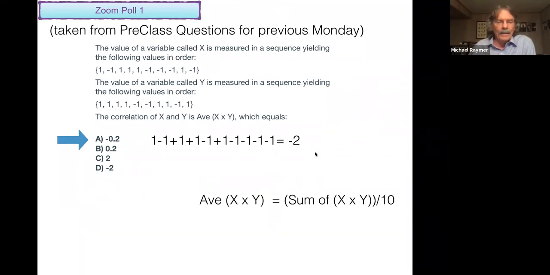If it were exactly 0, we would say, well, if we had thousands of samples instead of only 10 samples, and if the number came out very close to 0 within the margin of error, which has to do with how large your sample size is, like in an election, you would say those variables look like they're uncorrelated.